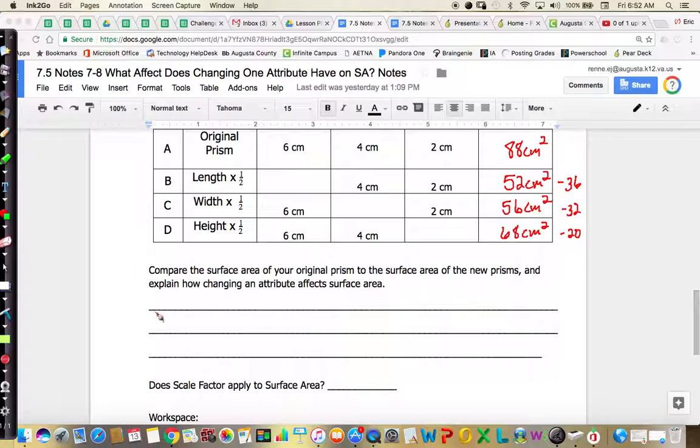So here's what we're going to write. All of the surface areas decreased but did not half like each of the attributes.